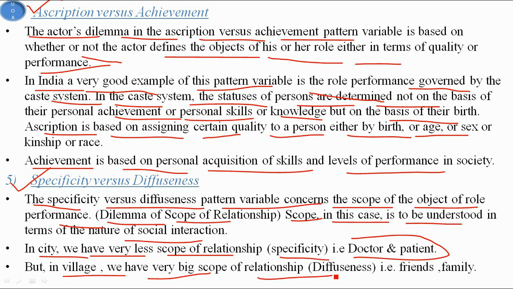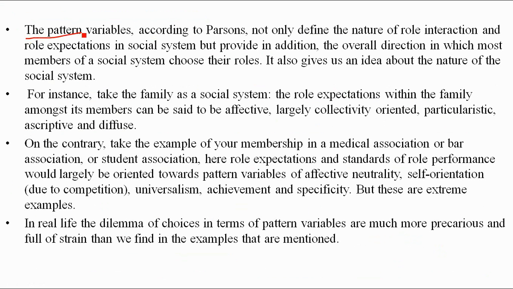But in a village we have a very big scope of relationship, that means diffuseness, that is friends, family. Here we have personal relationships and the scope is very high, we can talk about anything and share everything. But doctor and patient will not have diffuseness, they will belong to specificity.